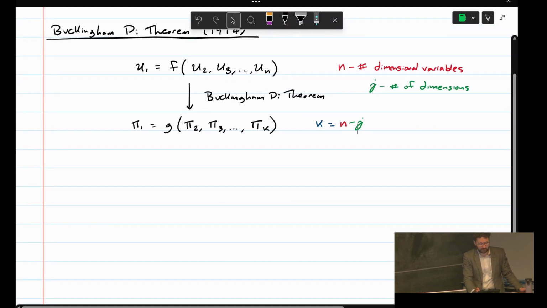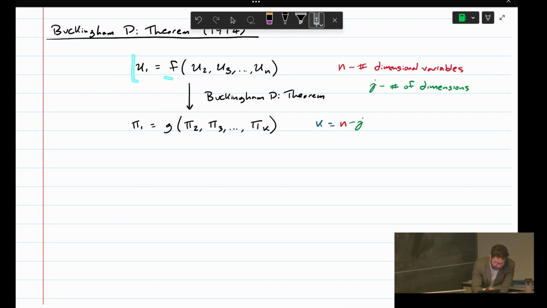So this is a powerful theorem because if you were to run an experiment and you're trying to characterize this relationship, so you don't know what F is, but say U1, let me give an example, is the lift force on a wing, and you know that it depends on things like the speed, the density, viscosity, and so on.